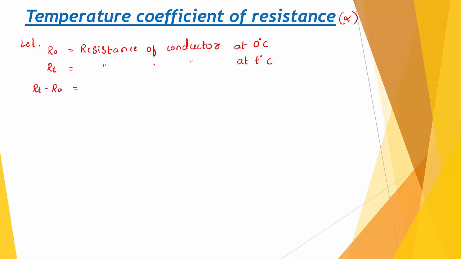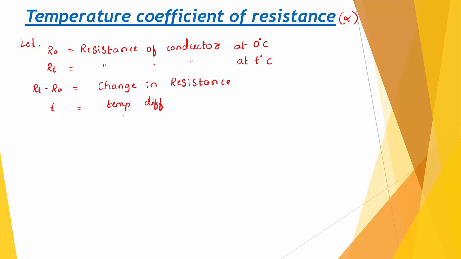RT is the final resistance, R0 is the initial resistance. The difference between them gives the change in resistance of the conductor. RT minus R0 is the change in resistance. And what is T? T is the temperature difference, T minus 0.